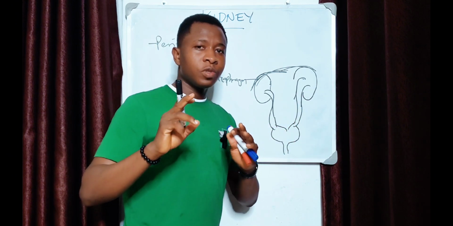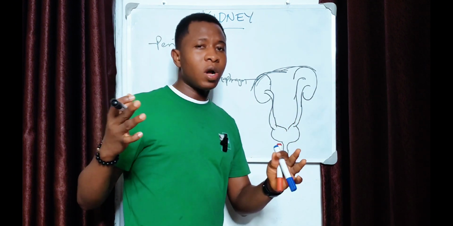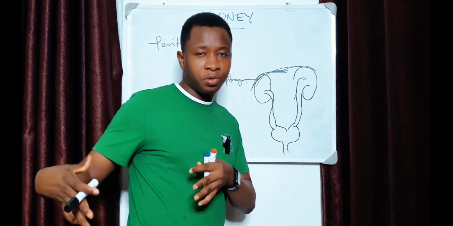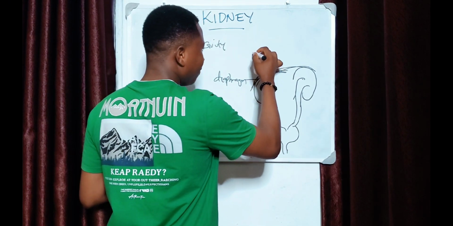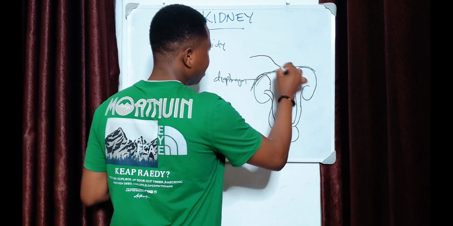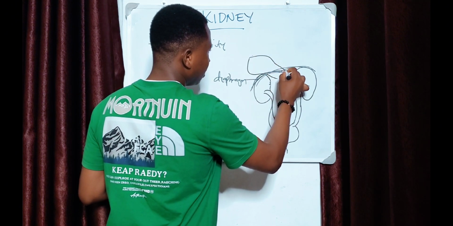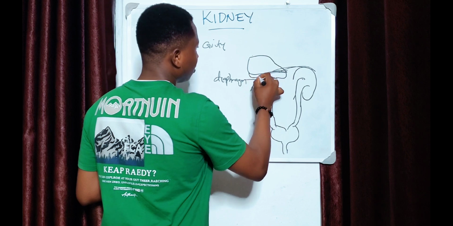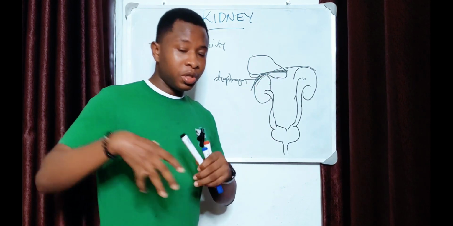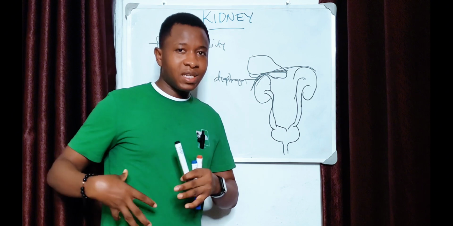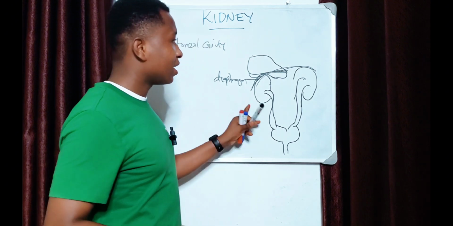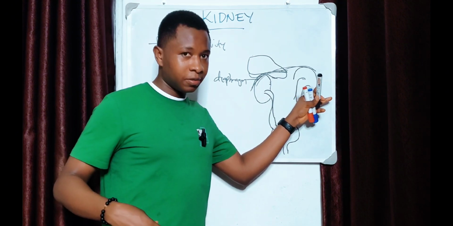That is because we have a very large organ found at the right part of the peritoneal cavity, and that organ is the liver. So the liver suppresses down the right kidney. That is why the right kidney is slightly lower than the left kidney.